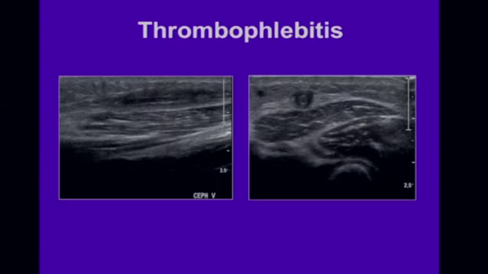We want to remember that the calf veins in the muscle are in fact deep venous thrombosis. You may see veins in the superficial system, and that's superficial thrombophlebitis, but those are not the deep veins, and it's important not to confuse the deep calf veins with superficial veins.